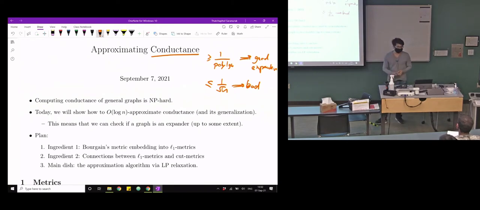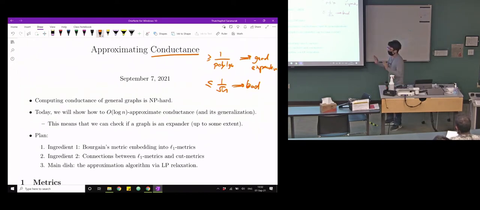But it turns out, I will not prove this to you, that computing conductance exactly is NP-hard in general graphs. Actually, you can try to think: if a graph is a tree, you can do it in polynomial time.